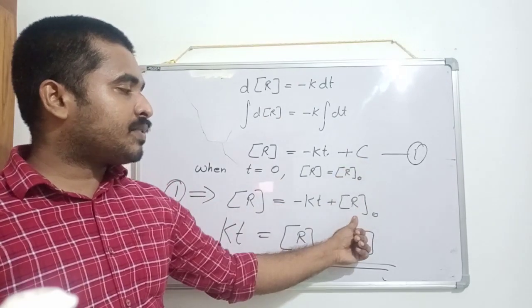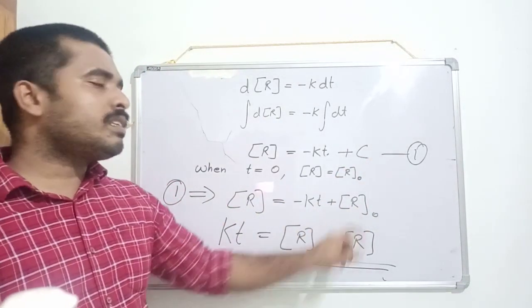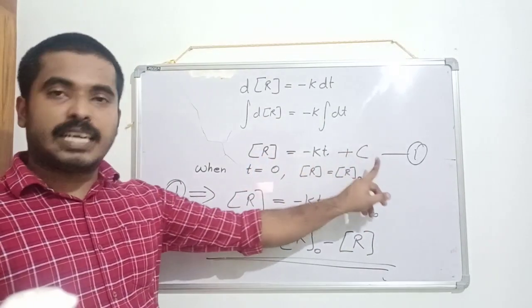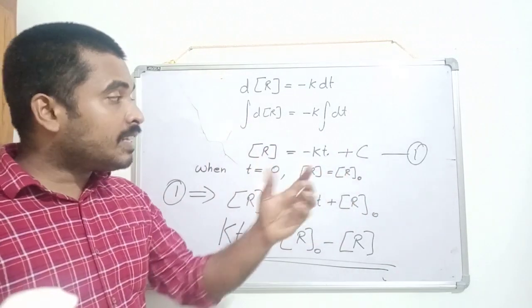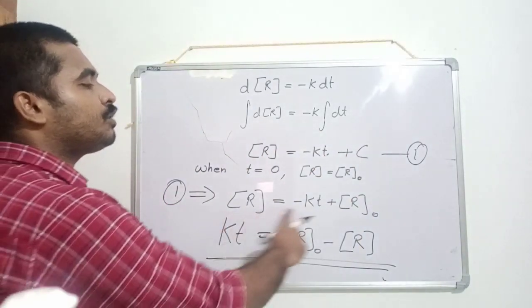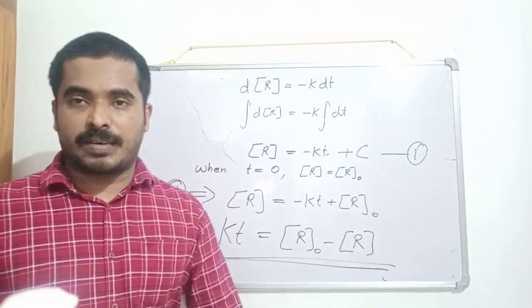Instead of c, we have substituted R0. So we got R equal to minus kt plus R0. Applying the initial condition, we understand that c is nothing but the initial concentration R0. So we get kt equal to R0 minus R.